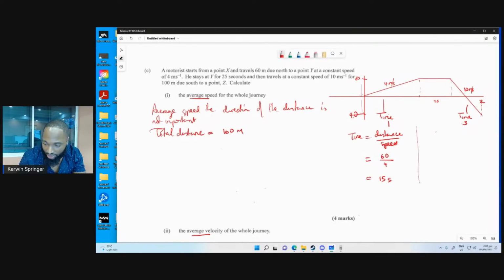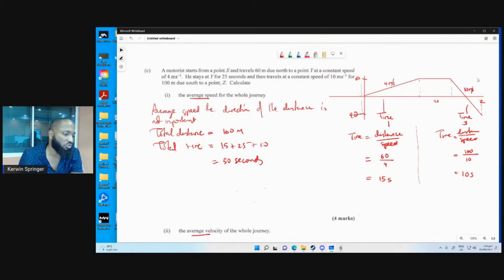And the time here would be distance over speed: increase the speed, decrease the time. So the distance was 100, not 1,000, divided by the speed of 10, so the time here is 10 seconds. Total time is 15 seconds plus the 25 seconds standing still plus the 10 seconds, so this is 50 seconds for the whole journey.